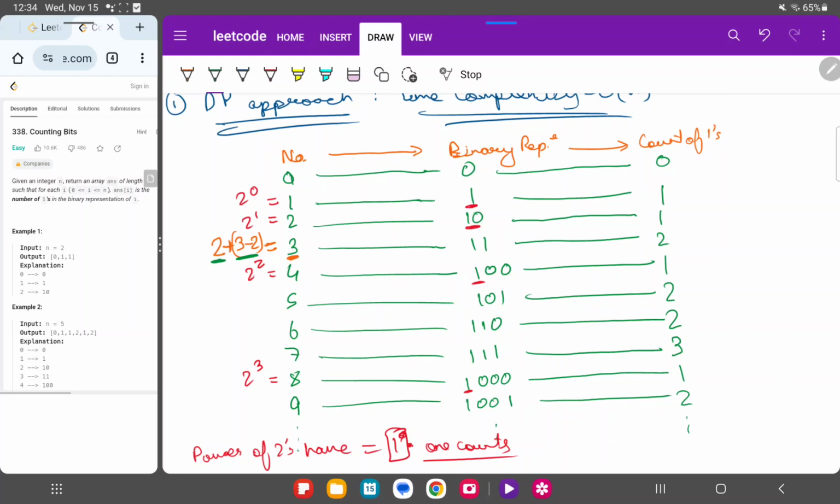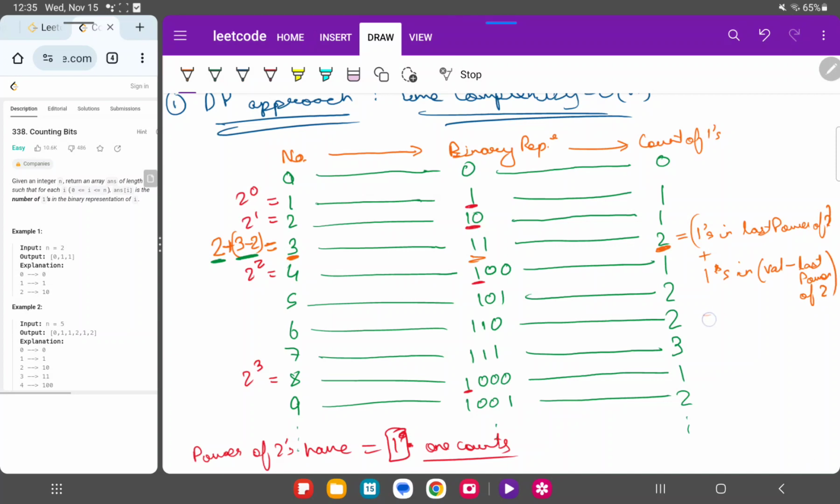So let's check this. On this side we have the binary representation of 3, which is 11, and the number of ones in it is 2, right? So this can be written as ones in the last power of 2 plus ones in the current value, let's say val, minus the last power of 2, right? So this is what we discussed.